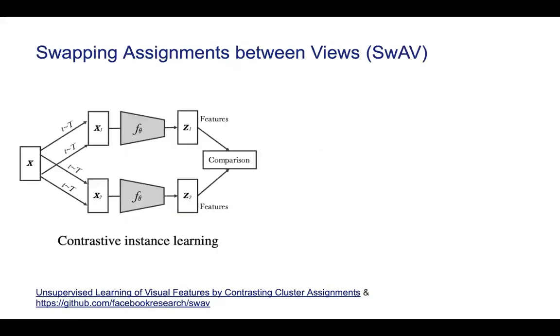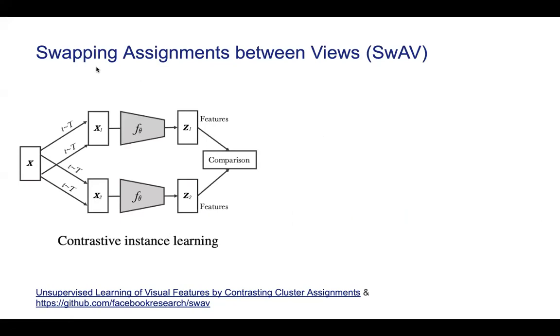And the other one is very interesting, because you will see later on that this was scaled to very large scales. Here again, we have the SimCLR setup, which you will maybe already recognize: we have the feature extractor, the two images run through it, and then we compare them.